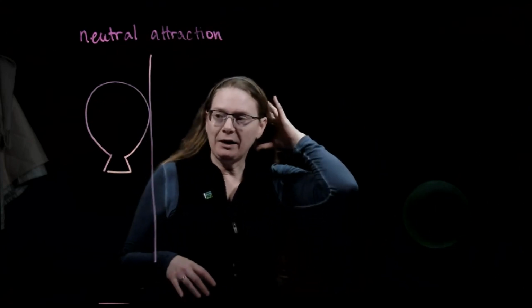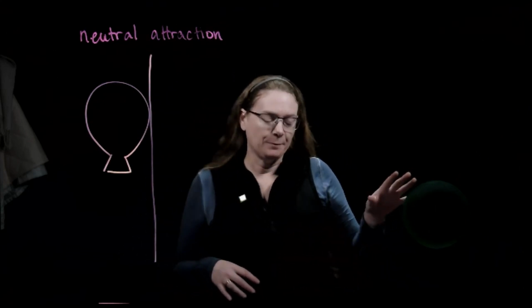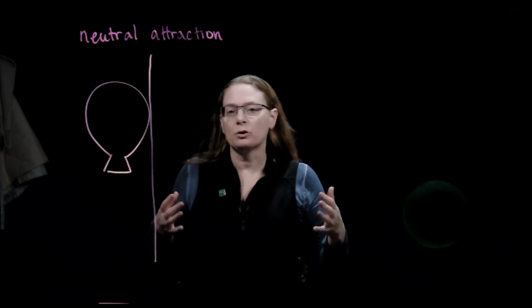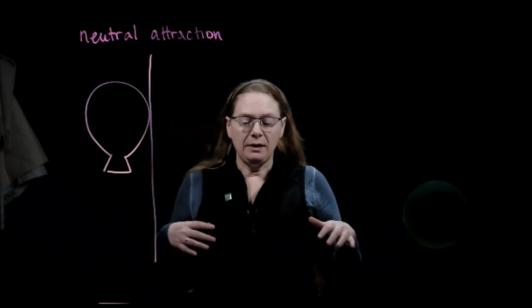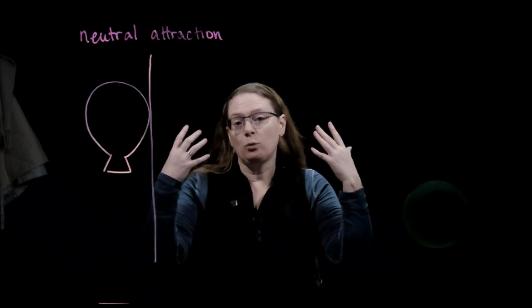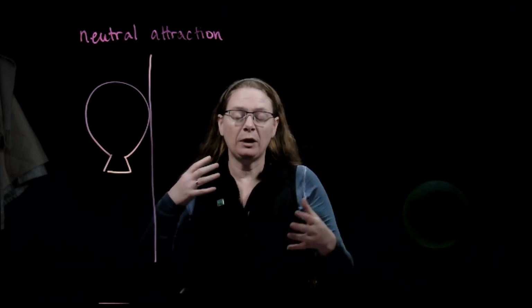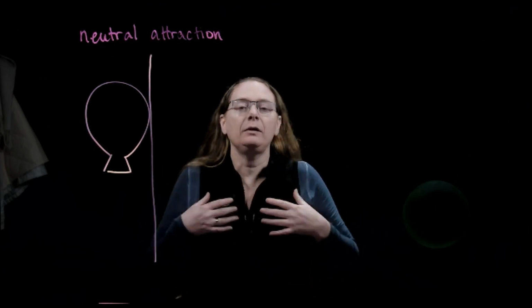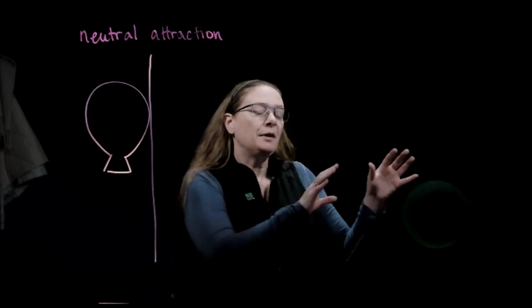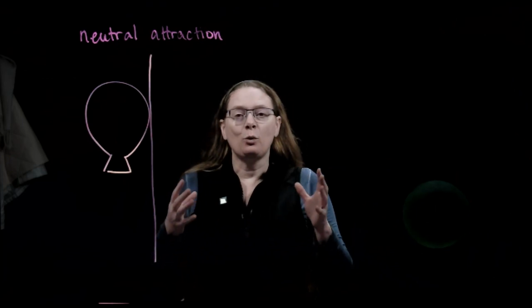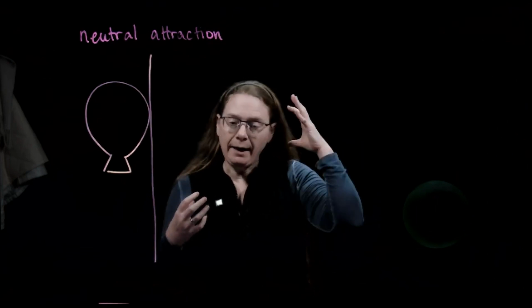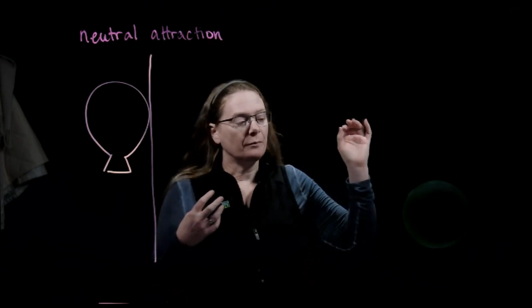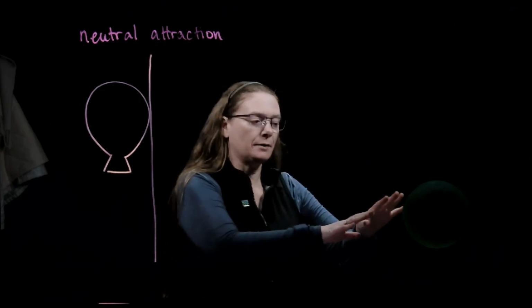Based on the triboelectric series, which you can look up, things like hair and wool tend to become positive. They like giving up their electrons. Plastics tend to grab electrons. They're greedy for electrons. So my hair became positive because it gave up electrons to the balloon.